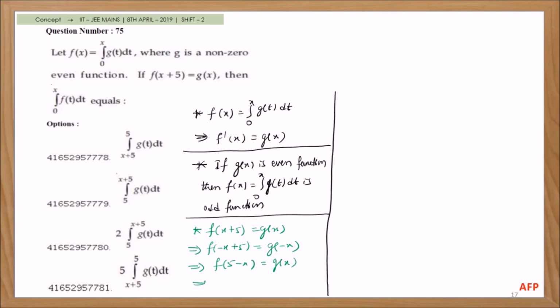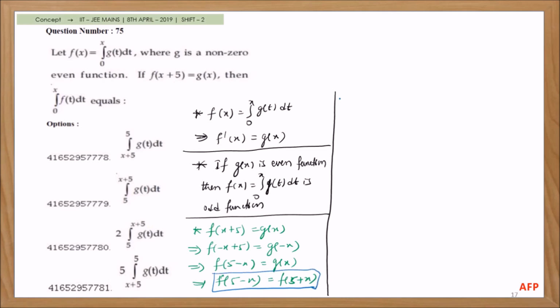So this implies f of 5 minus x is equal to g of x, which is initially f of 5 plus x. So these three concepts we will be using in finding the integration of this.